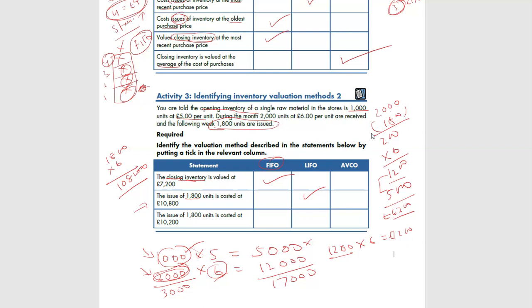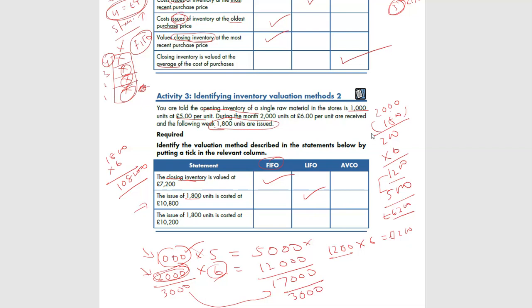Maybe most likely it will be average. So let's have a look at this one. I have 3000 units, and the 3000 units cost 17,000. So let's divide 17,000 by 3000, and that gives me 5.66.